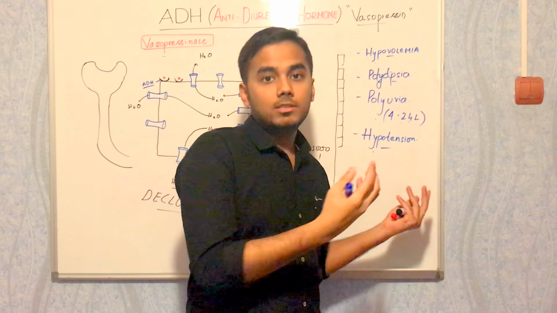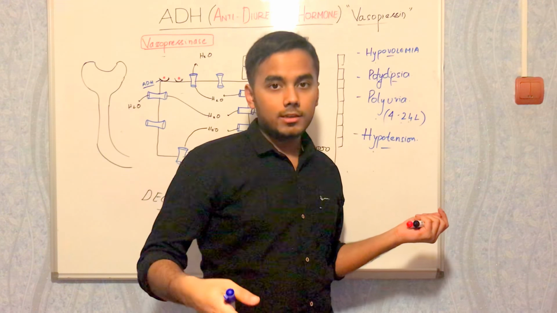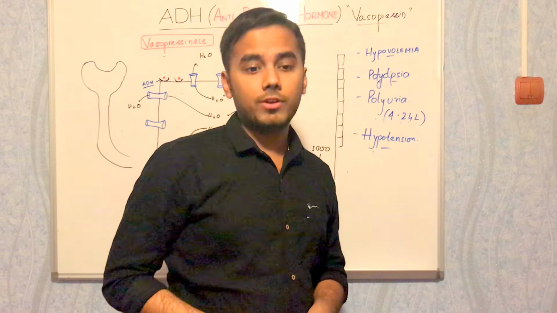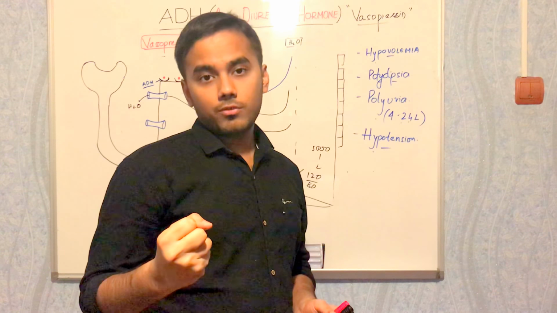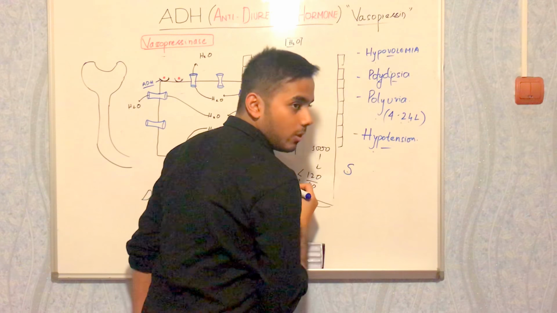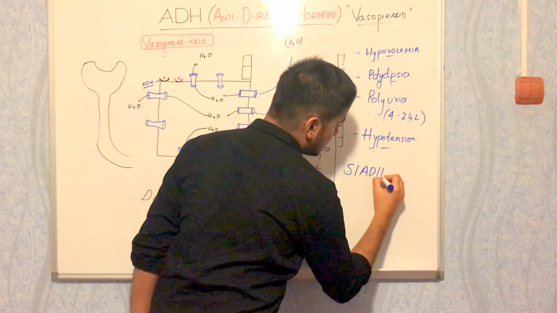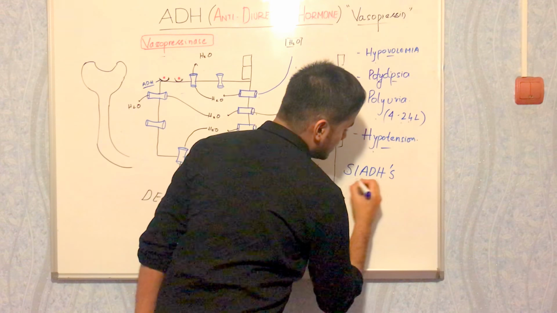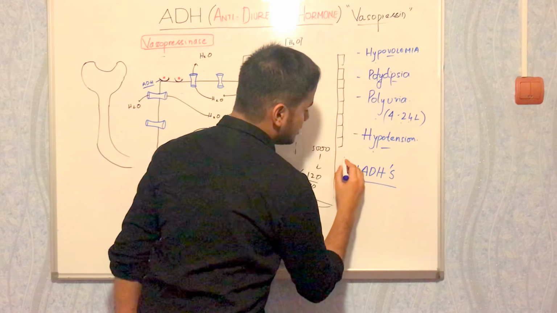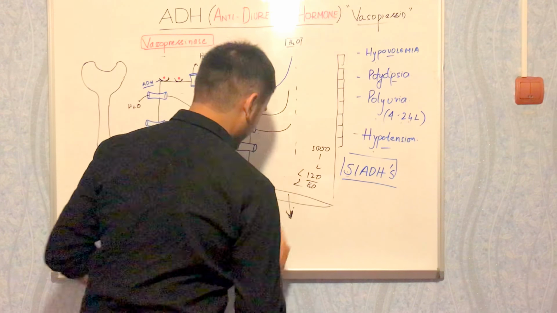Now, in contrast to this, there is one more scenario. As I told you, in diabetes insipidus there is low production of ADH. In another case, there will be hyperproduction of ADH. This condition is called SIADH, syndrome of inappropriate ADH. S stands for syndrome. Let me write it here.